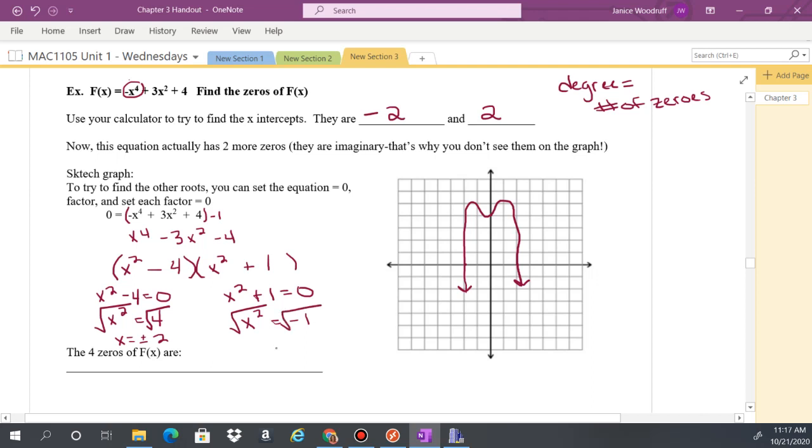What's the square root of -1? i, yeah, plus or minus i. So those are the other 2 zeros. That's why I'm only crossing the graph 2 times, but I know there are 2 more zeros because of the degree. So my 4 zeros are +2, -2, positive i, negative i.